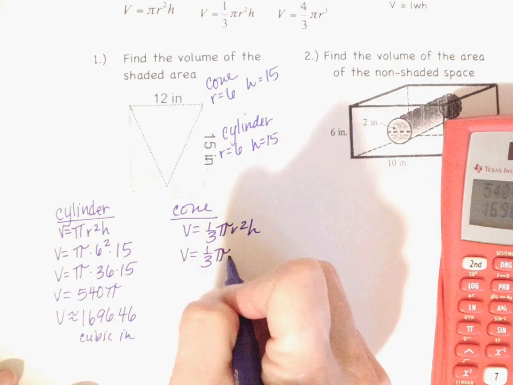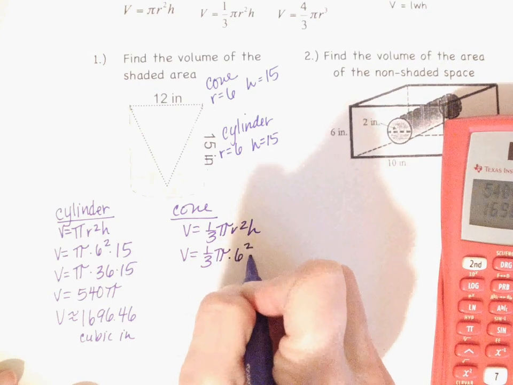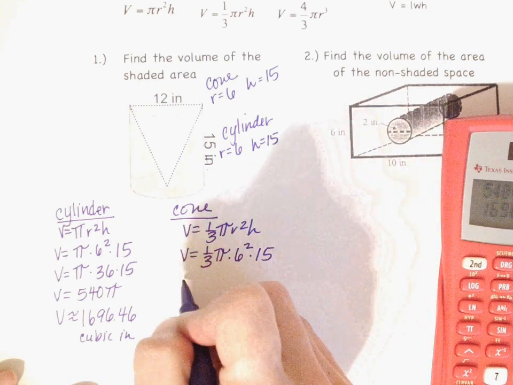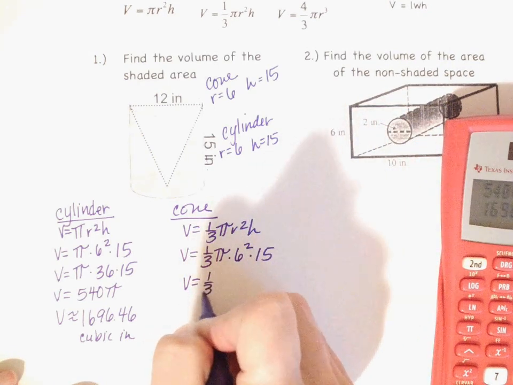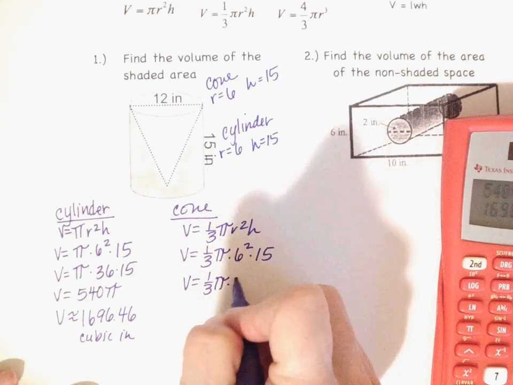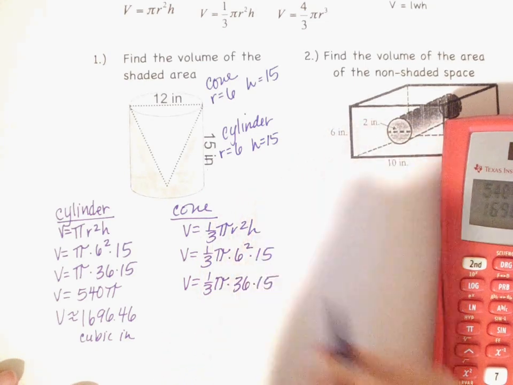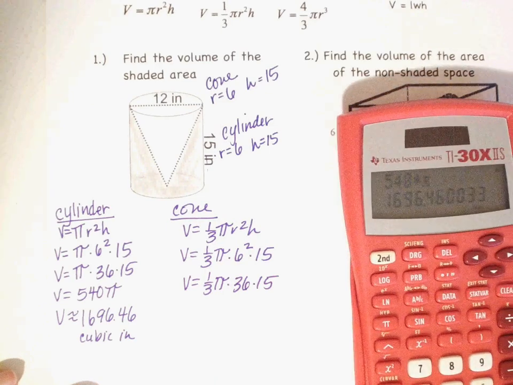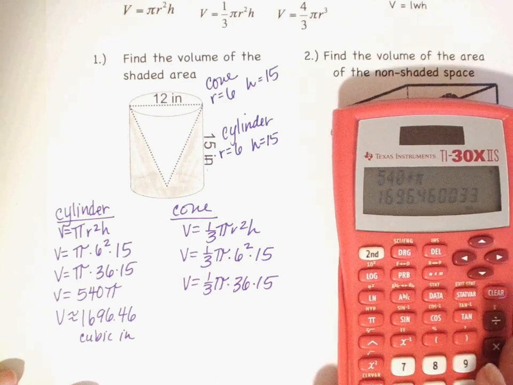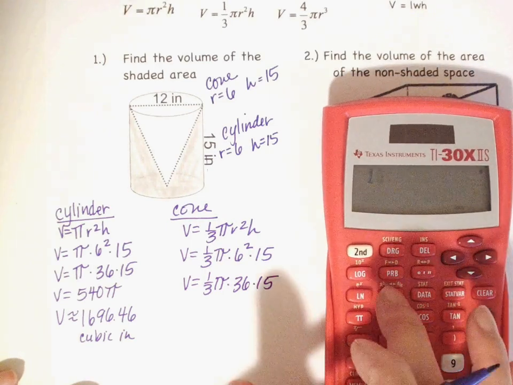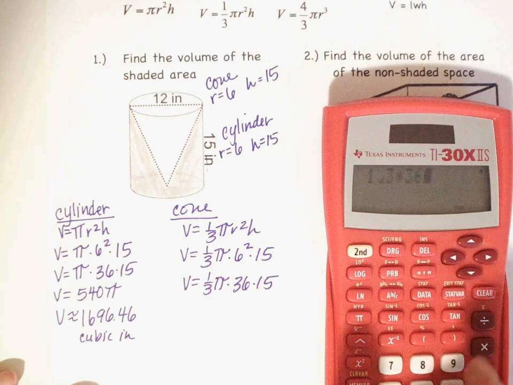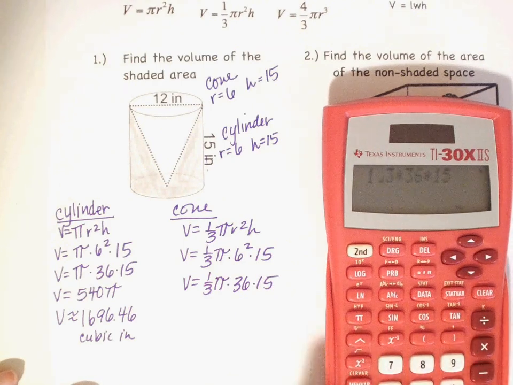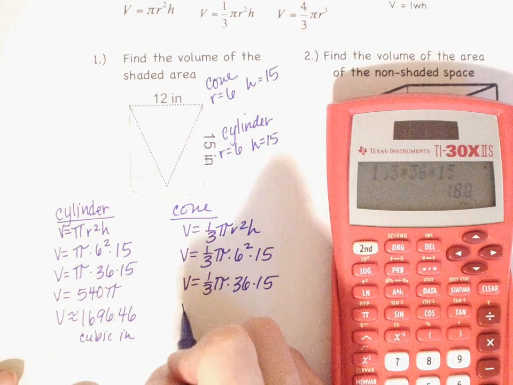My radius is 6, and it's 6 squared times my height, which is 15. 6 squared is 36 times 15. And then I'm going to go ahead and multiply my coefficients together in my calculator. So it is 1/3 times 36 times 15, and that'll give me 180. So I have 180 pi.